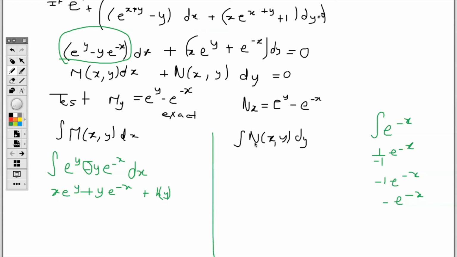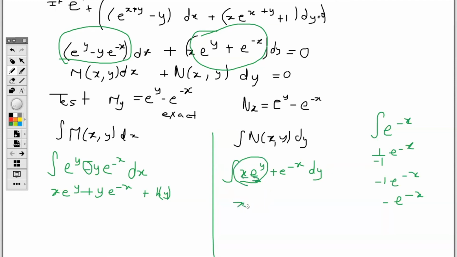Now we integrate the next function, which is x e to the y plus e to the minus x, with respect to y. So integrating this, integrate e to the y will be e to the y, treating x as a constant.